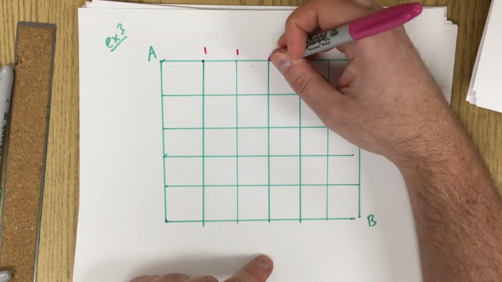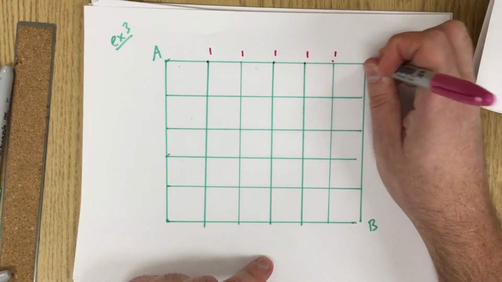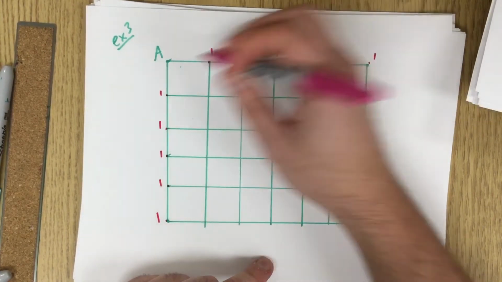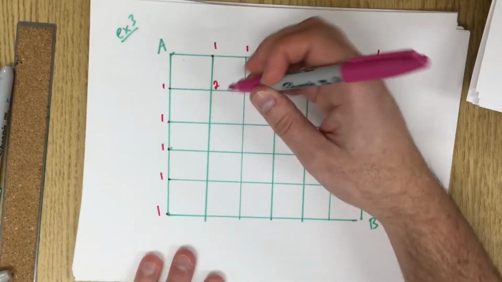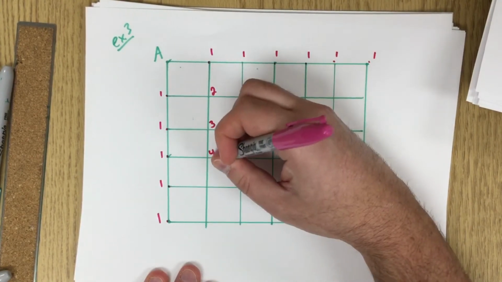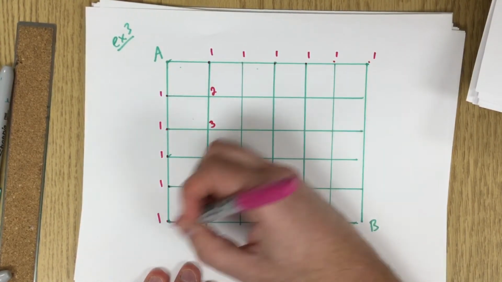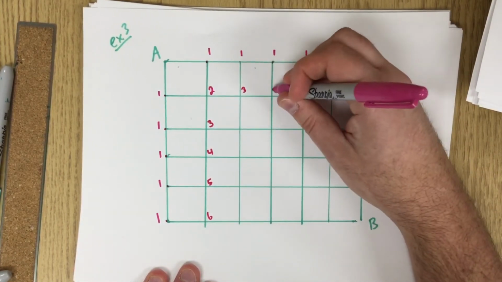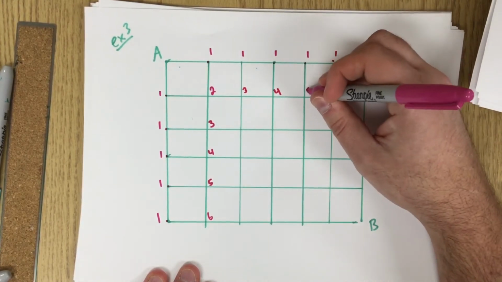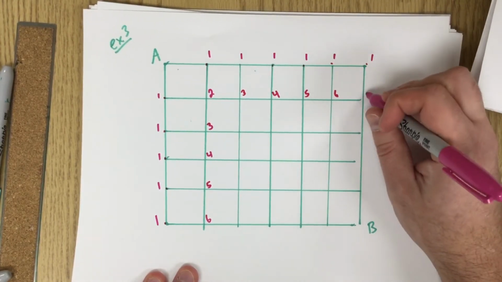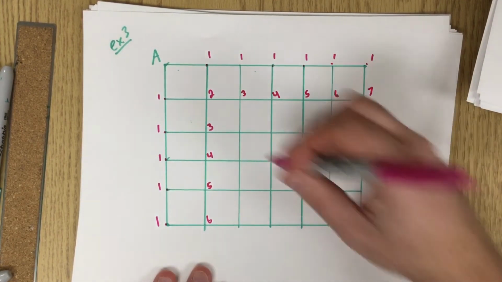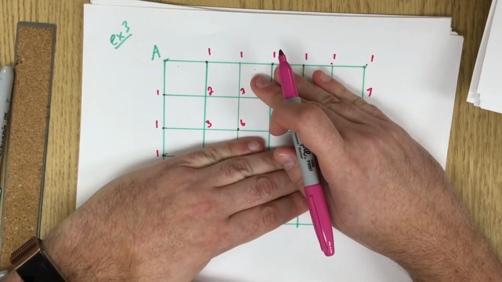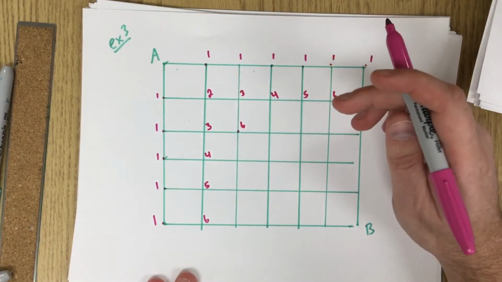So there's one way to get there, and one way to get to all of those. 1 and 1 is 2. 1 and 2 is 3. 1 and 3 is 4. 1 and 4 is 5. 5 and 1 is 6. 2 and 1, 3. 3 and 1 is 4. 4 and 1 is 5. 5 and 1 is 6. 6 and 1 is 7. Okay. 3 and 3, 6. And if you look, that's just the 2x2 grid that we had before. Nothing very special about that.